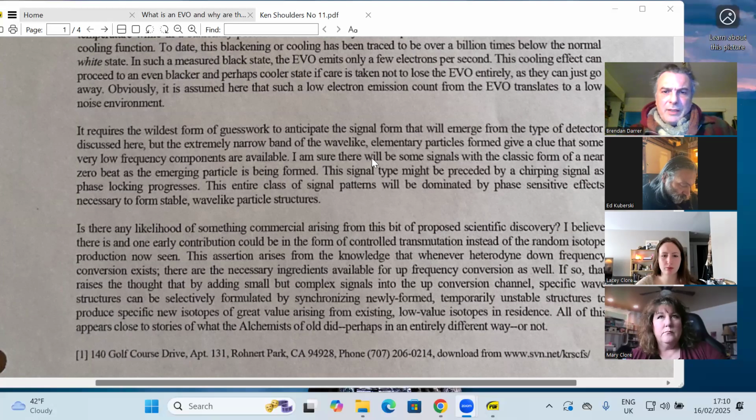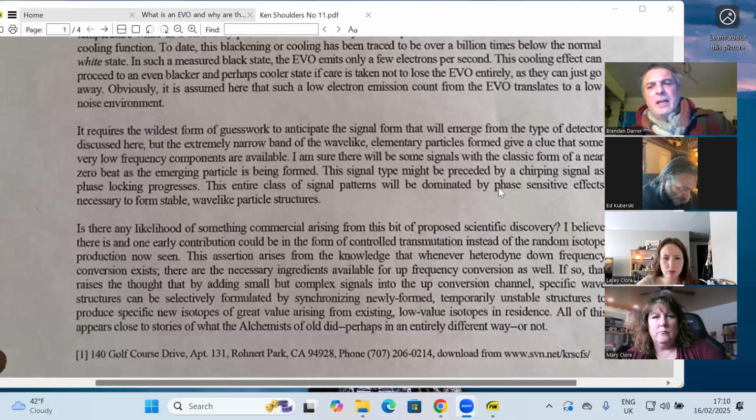I'm sure there will be some signals with the classic form of a near zero beat as the emerging particle is being formed. This signal type might be preceded by a chirping signal as phase locking progresses. This entire class of signal patterns will be dominated by phase-sensitive effects necessary to form stable wave-like particle structures.